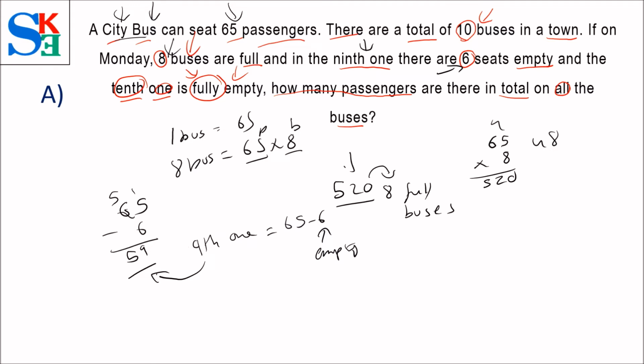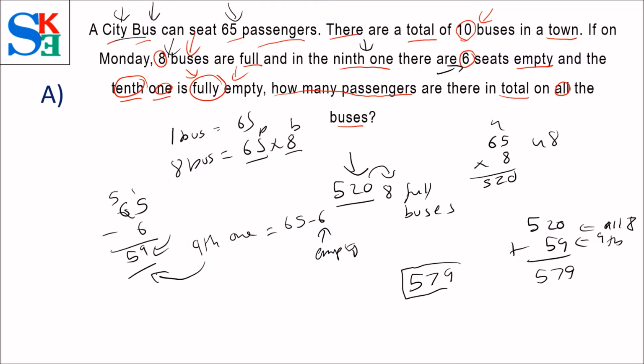Alright, so 520 on 8 full buses and 59 on the ninth one, which has 6 less people. So now I'm going to do 520 plus 59. This is the one on the 9th bus and this is all 8. Add them together: 9, 7 and 5. So my answer will be 579.